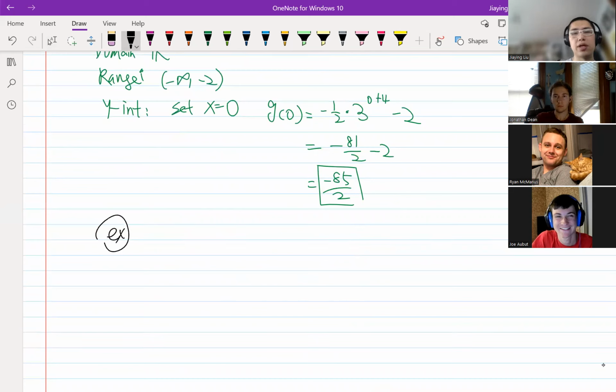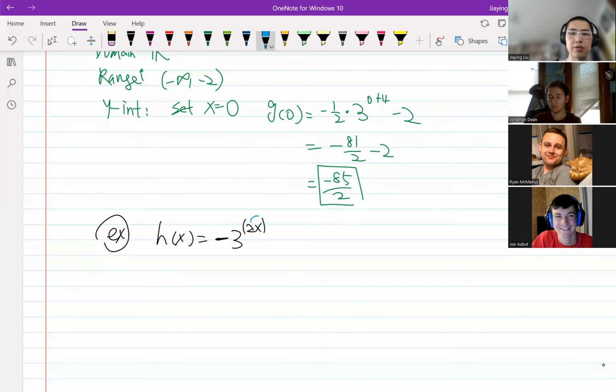For example, if we had h of x equals negative 3 to the 2x, now the exponent is 2 times x. If x is being multiplied by 2, it's actually not a horizontal stretch by 2, it's horizontal compression by half. So remember, the x transformations are always the reciprocal, the opposite of what the operation might suggest.